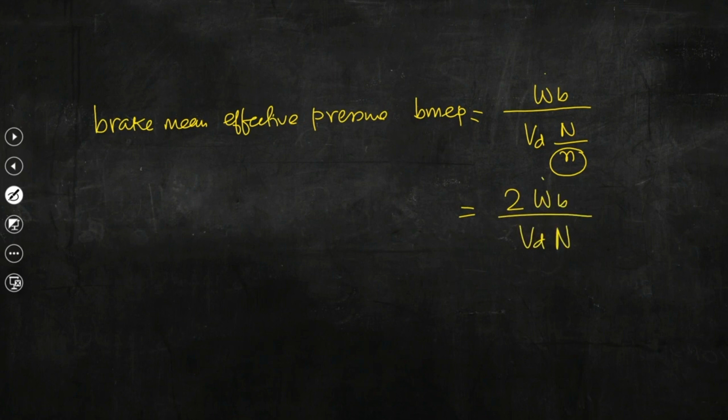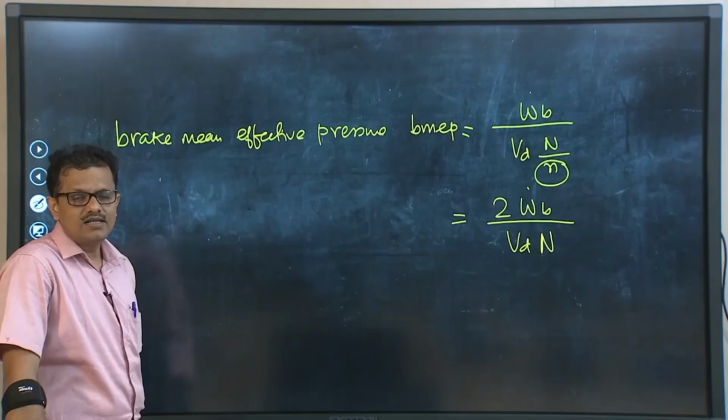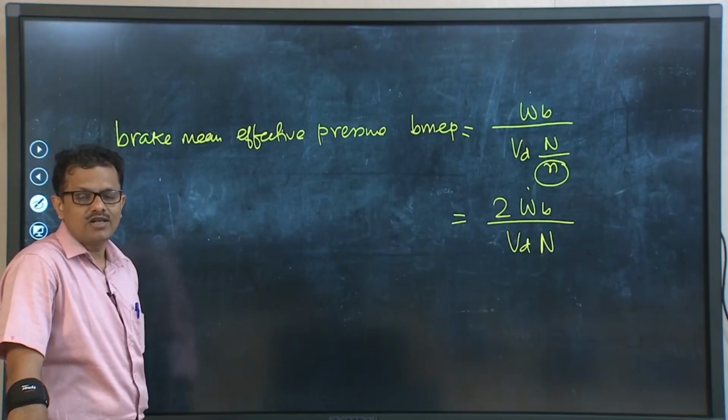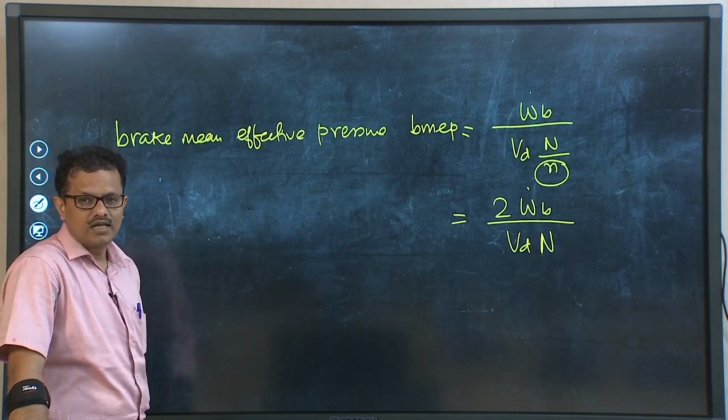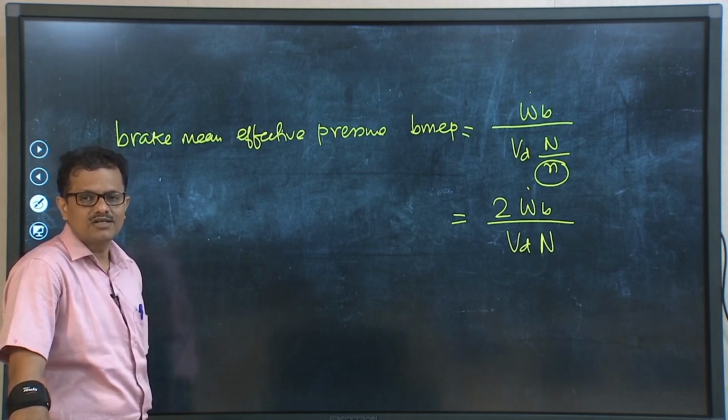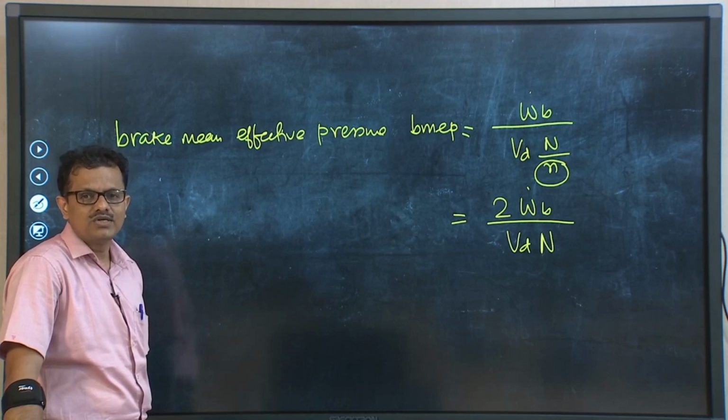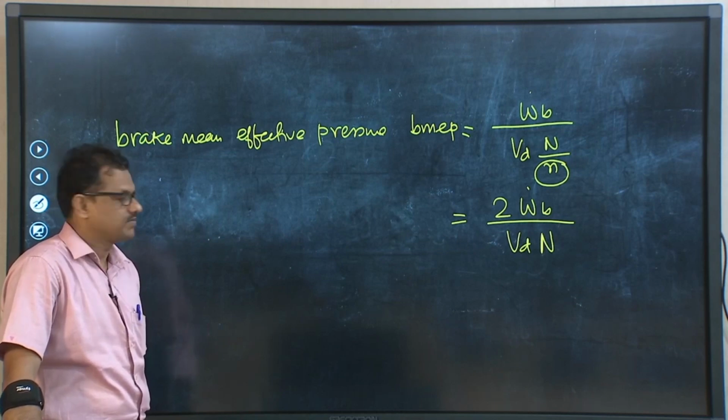Now, we have no clue about the displacement volume from the data set given, but importantly the numerical value of volumetric efficiency is given. Let me tell you once again, we did not discuss the mathematical expression and the definition of volumetric efficiency, but we need to use this particular term today.